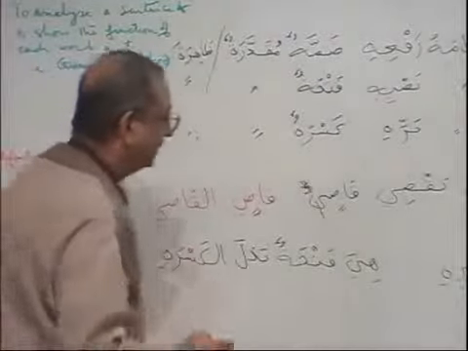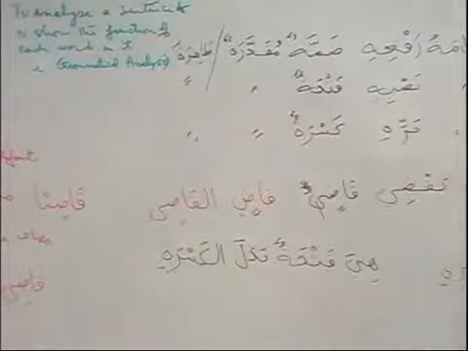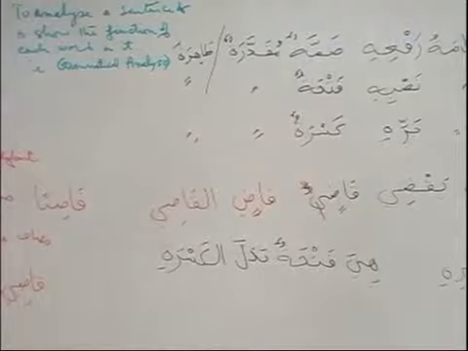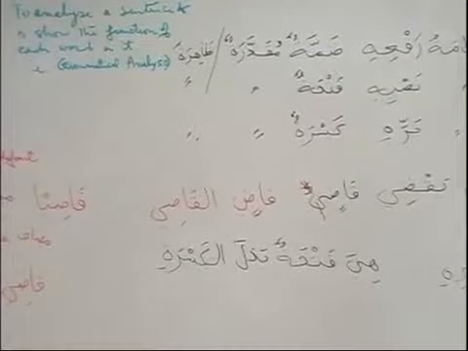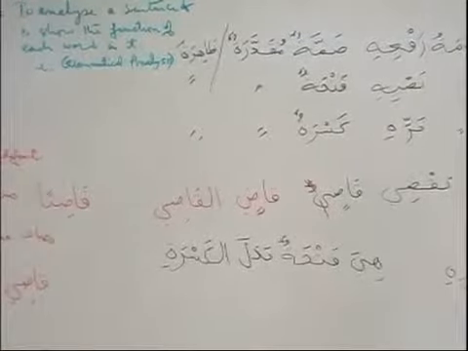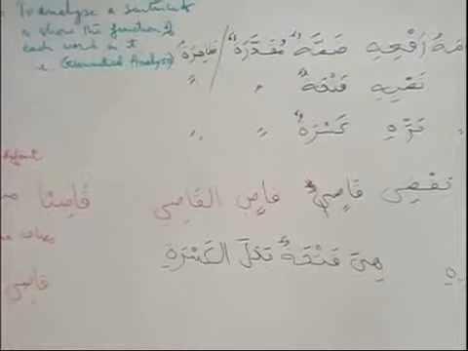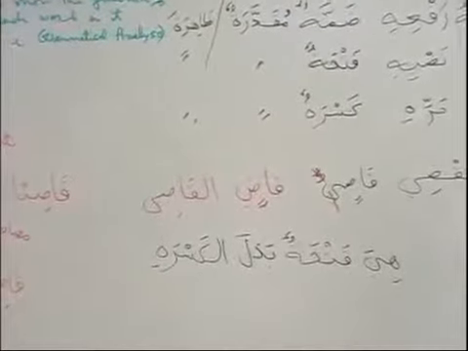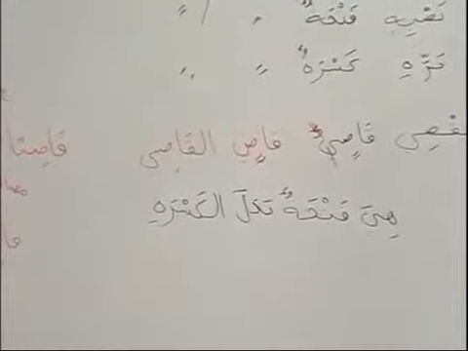Are you with me? This is the alamat of jar when it is mamnu min sarf. Got the idea, brothers and sisters? So it is fatha instead of kasra. But you have to write down badala. And I'll explain to you later on why it is badala.